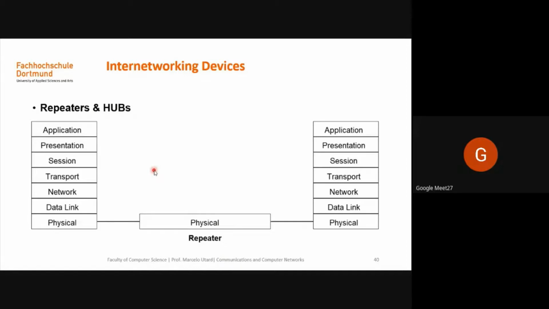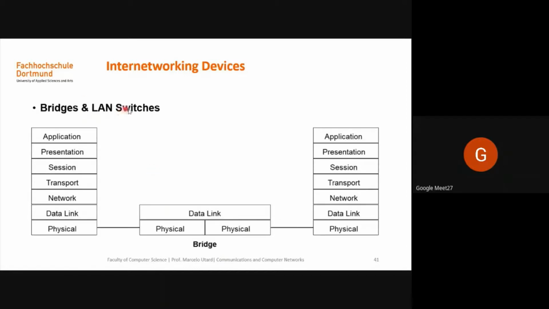In the case of bridges and LAN switches, they are internetworking devices that perform functionalities at the two lower layers, the physical layer and the data link layer. The difference between a bridge and a LAN switch is that the bridge is an old device used during the 70s and 80s.